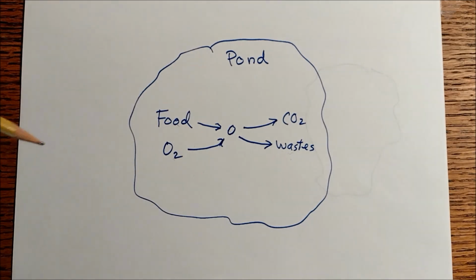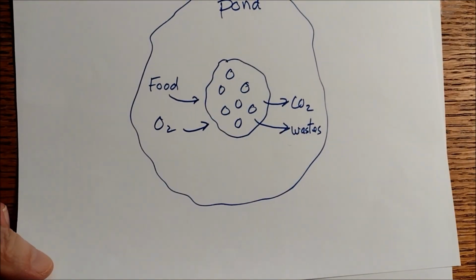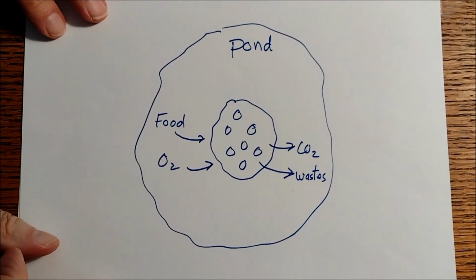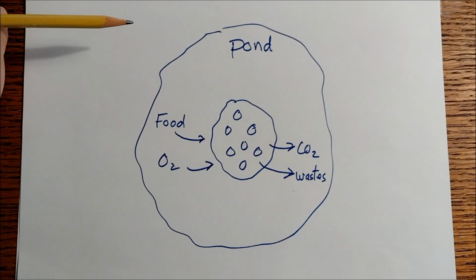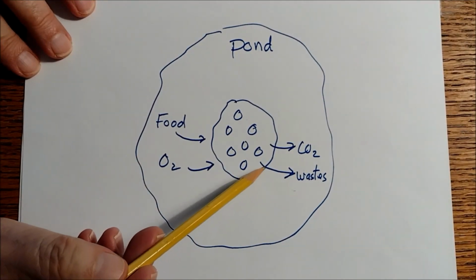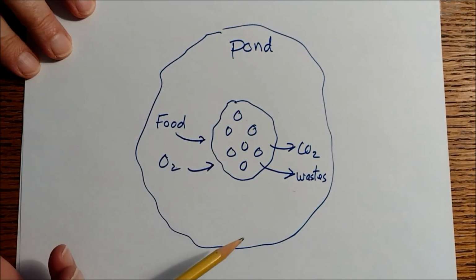Now, we're going to come back and visit this same pond in a couple of million years, and what has happened? Well, our single-celled animal has changed, and is now a multi-celled animal, also living in the pond.